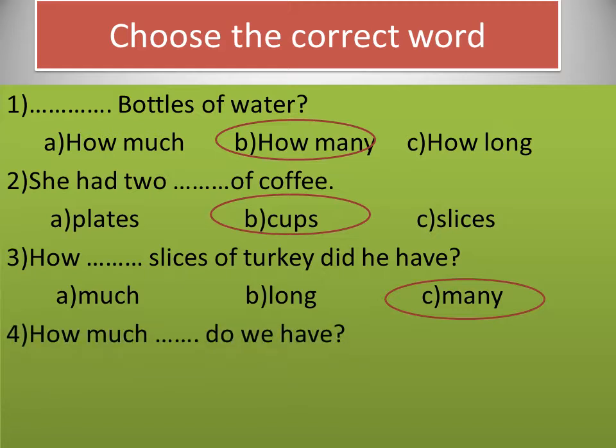Check question number 4. How much blank do we have? How much sugar, how much apples, or how much cats do we have? Here is a question, how much? So the answer will be countable or uncountable nouns.